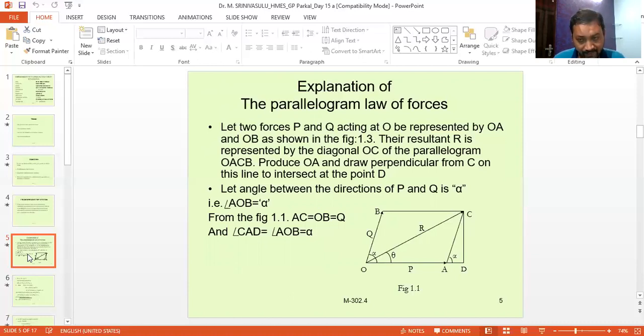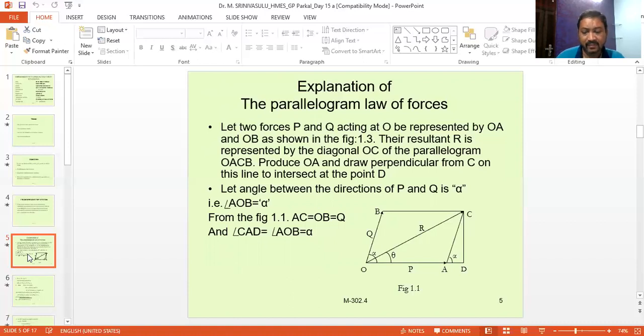OD whole square. But here we know the value of CD, and OD we can write as OA plus AD. We know the OA value, that is P, and the AD value, that is Q into cos alpha, and we know the CD value, that is Q into sin alpha.